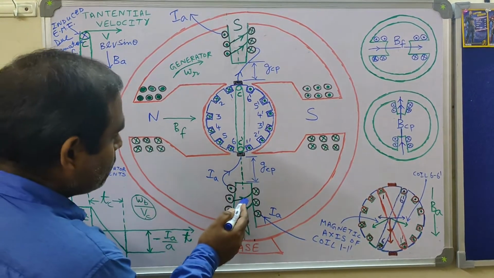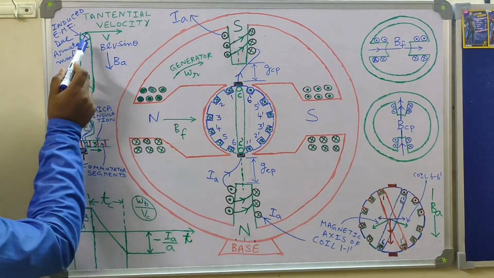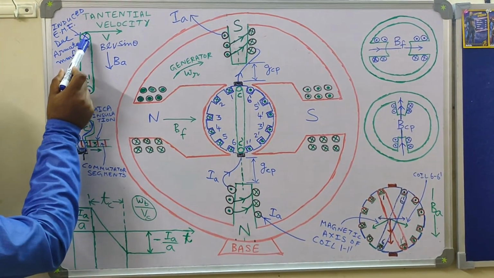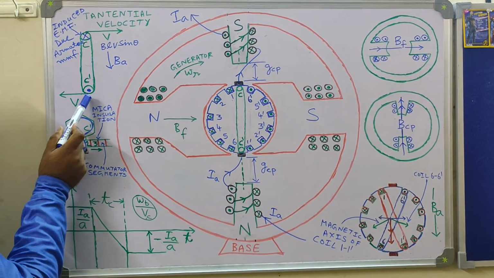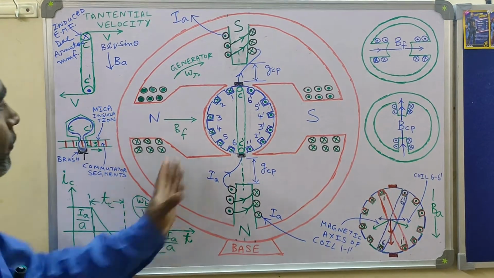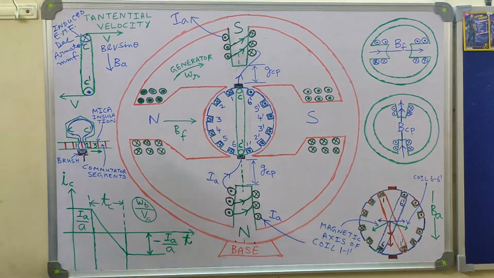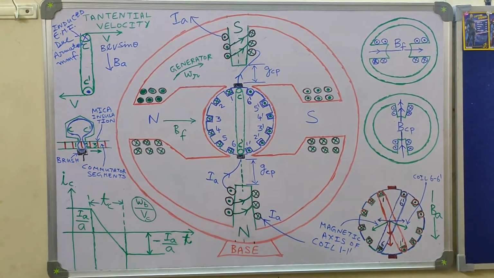So what can we do? If the interpoles induce a dot induced EMF in the coil side C and a cross polarity induced EMF in the coil side C dash, you will find that it is actually helping in the commutation. So that has to be done.